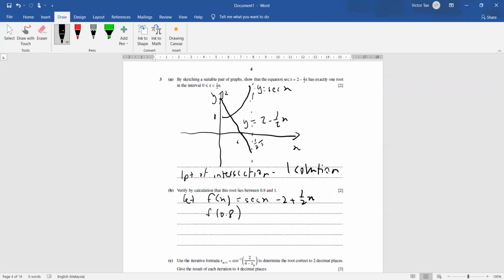When you are asked to verify, you just need to show one of the answers is a positive value, one of the answers is a negative value. So this is minus 0.16, f of 1.